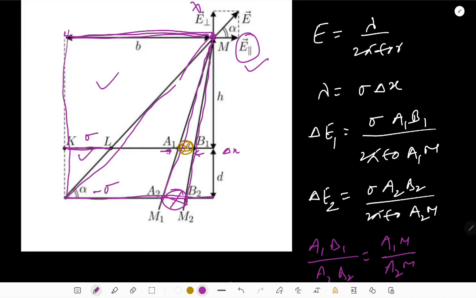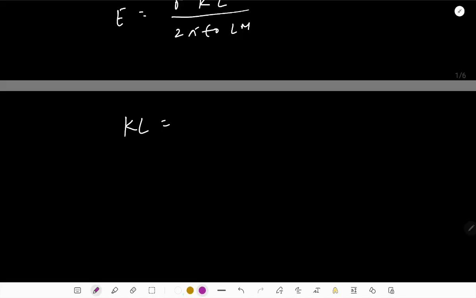You can calculate simply KL as BD upon H plus D, and you know D is much smaller than H, so you can approximately write it BD upon H. And in a similar manner you can calculate LM.